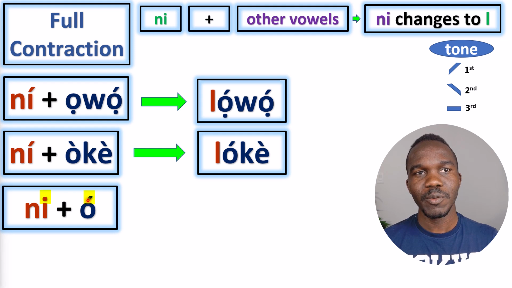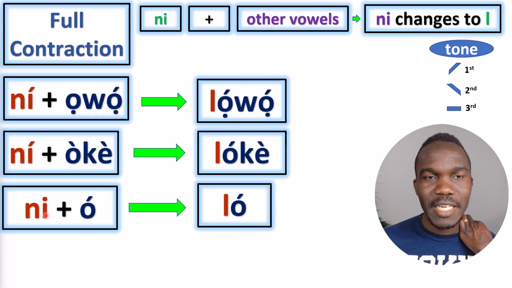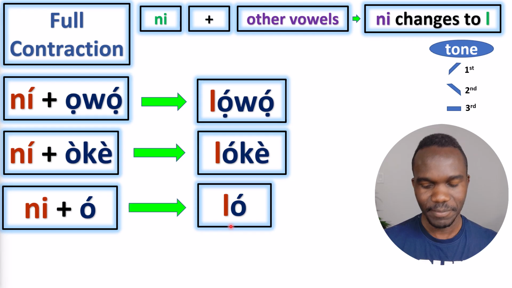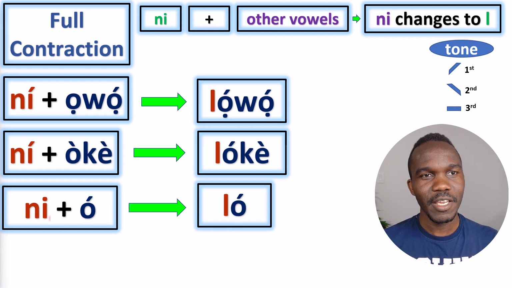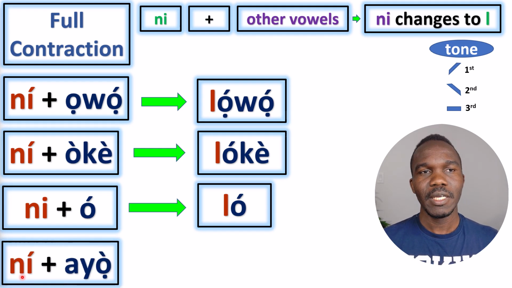Re and what? Mi. So which one ranks first? Mi. So mi stays like that. So that's what? Ni. O turns to lo. Ni. O turns to what? Lo. Okay? So that's it. Lo. And the final one.